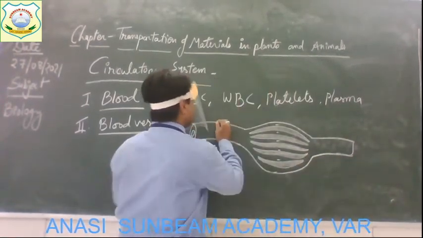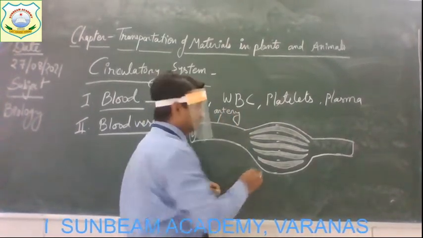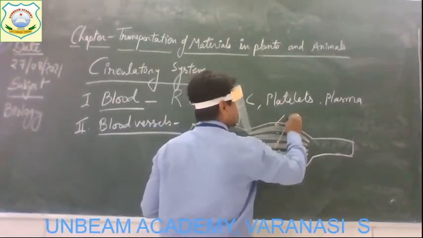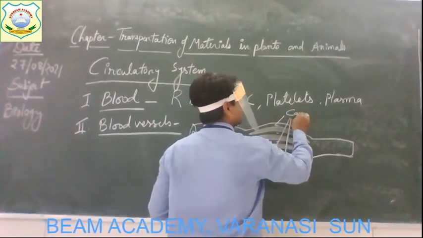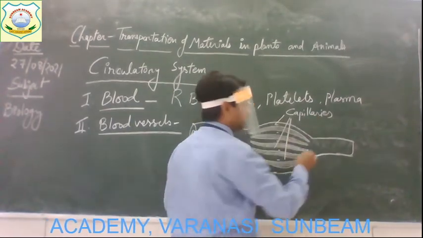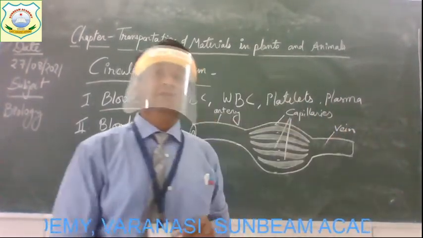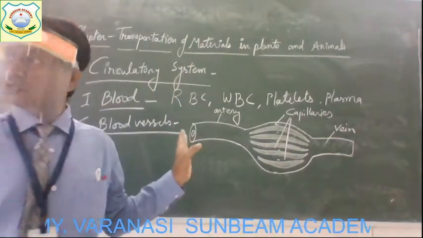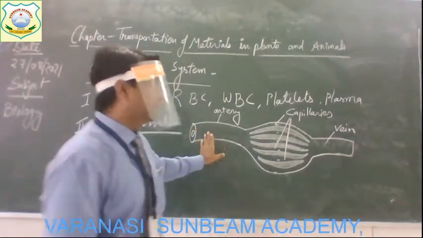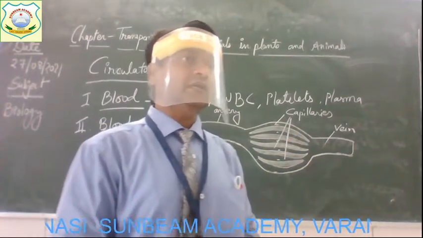So this one is the artery, these are capillaries, and this one is the vein. Get it? Understood? That is how the three kinds of blood vessels are present in our body.